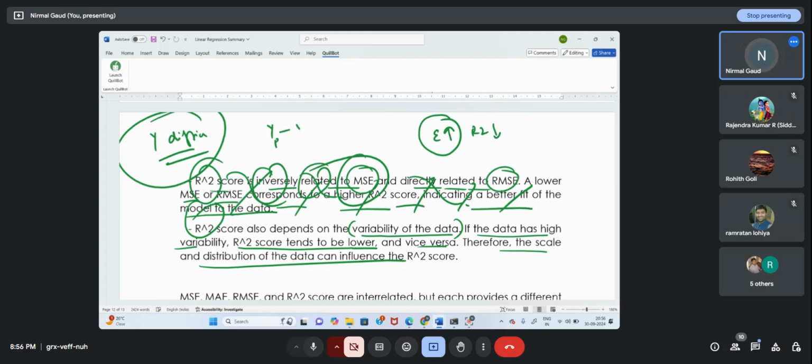Error is predicted minus y. However, if error is less, R2 is more. Why? If the error is less, y predicted and y actual are closer to each other. That means my features are well enough in identifying the target.